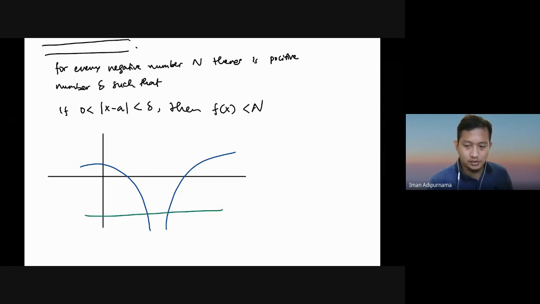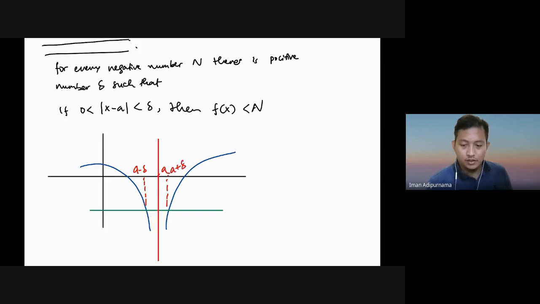Let's say that is the n, and this will be the asymptote. So this will be a, this will be a minus delta, this will be a plus delta, and this green line will be our y equal n.